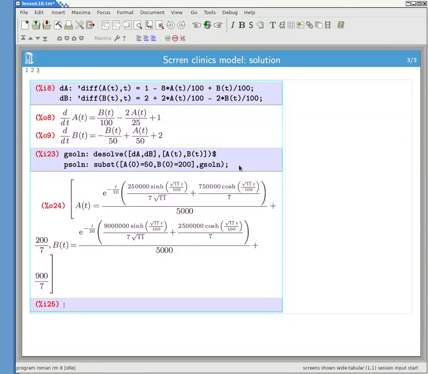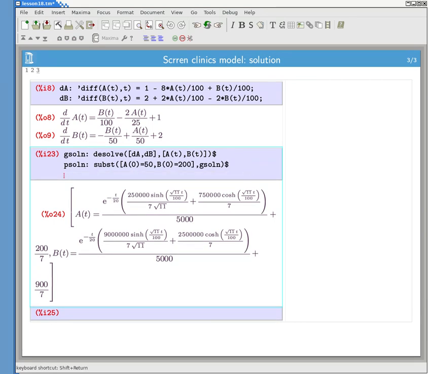We're not particularly interested in the analytical form, so let's suppress this output and add on just a few more instructions that will now allow us to obtain a plot of the solution.